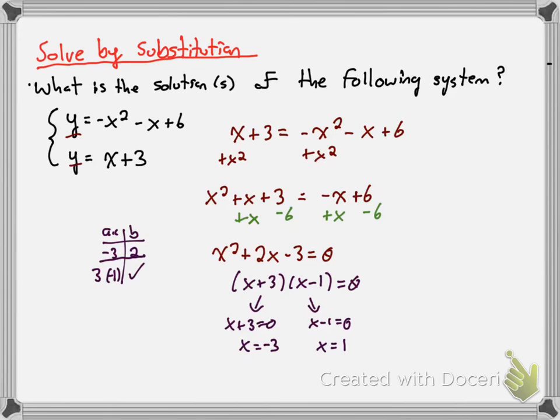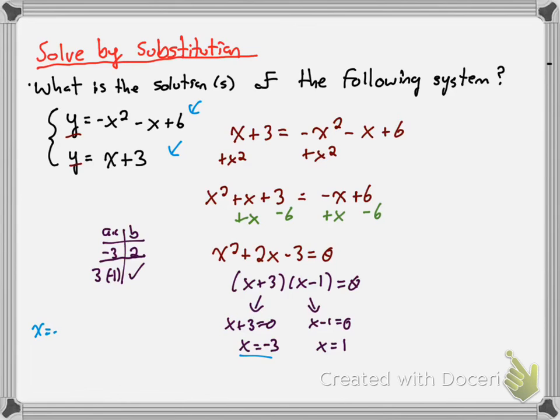The last thing that I want to do here is figure out what my y coordinate would be in these situations. So what I'm going to do is plug in for both situations. Now to find my y coordinate, I can technically plug into either equation, but the linear one's going to be a lot easier. So while you could technically plug this negative 3 into the parabola, make your life easier, just plug it into the bottom equation.